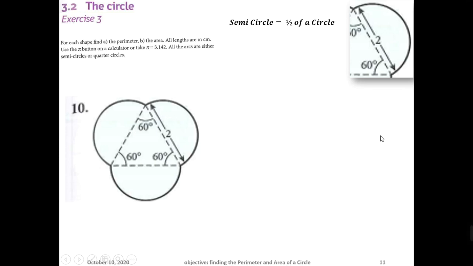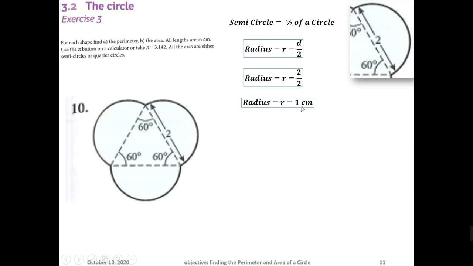So in a semicircle, which is half of a circle, we need the radius, which is the diameter divided by 2. In this case, it's 2 divided by 2. So the radius will come down to 1 centimeter. How did I know it's centimeters? Because it's mentioned in here that all dimensions are in centimeters.